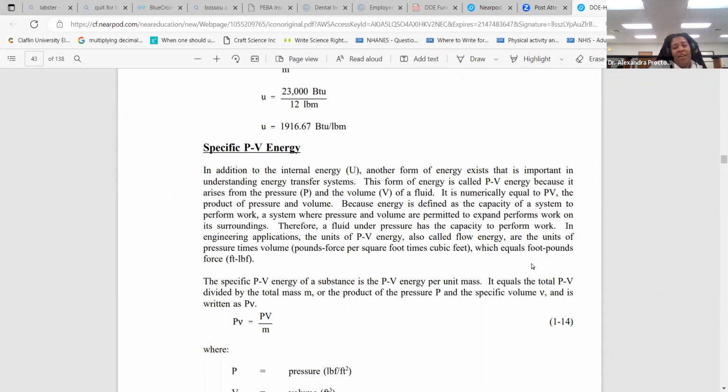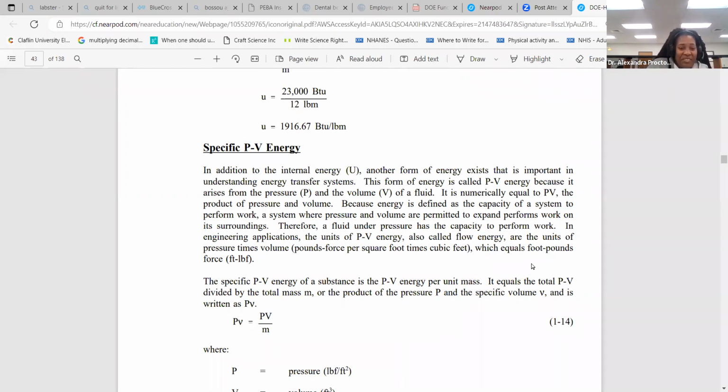Because energy is defined as the capacity of the system to perform work, a system where pressure and volume are permitted to expand actually performs work on the surroundings. Therefore, the fluid under pressure has a capacity to do work. In engineering applications, the PV energy is called flow energy. And the units of pressure times volume, pound force per square foot times cubic foot, equal foot pounds force.